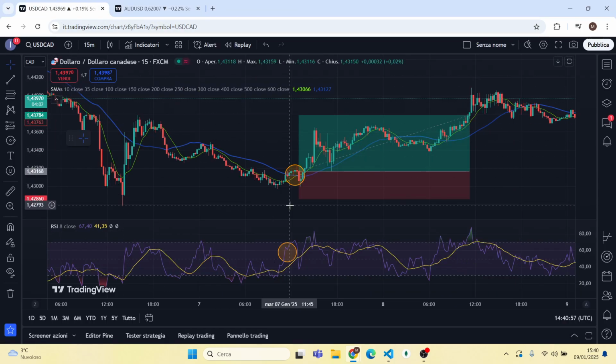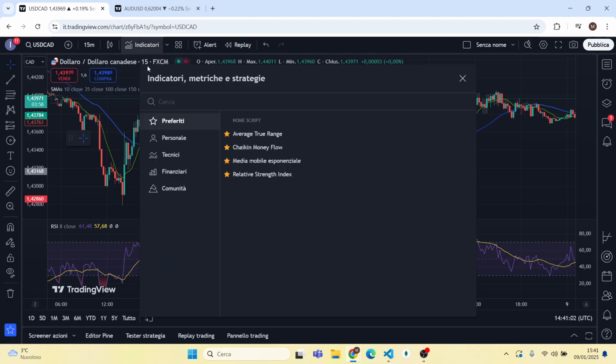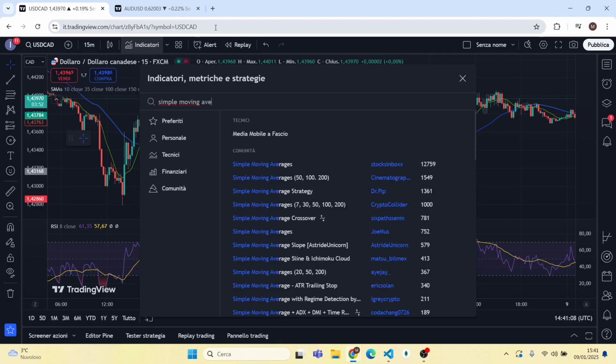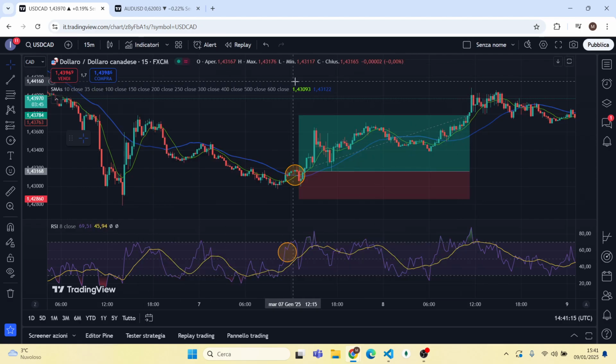Let's start with a long one. First of all, what will you need on your chart? You will need two indicators. The first one, simple moving averages. I'm using this one. Then you will need to change the parameters.